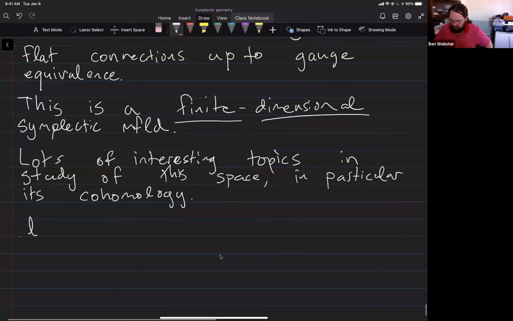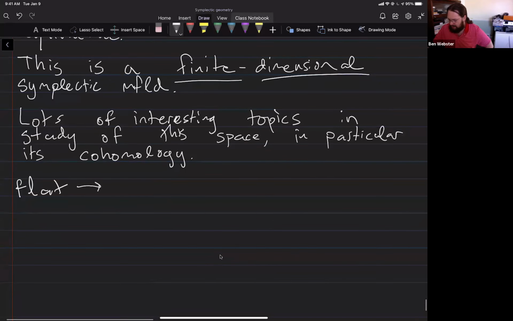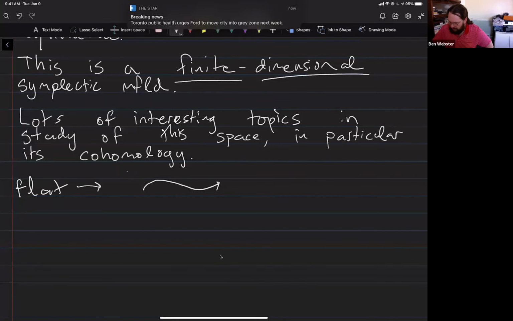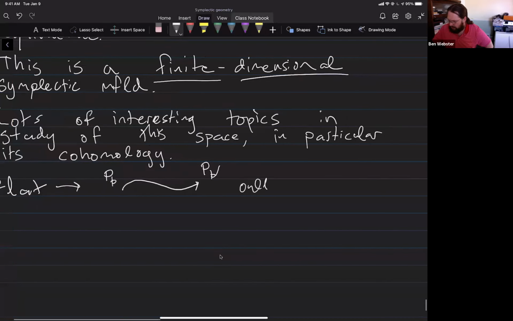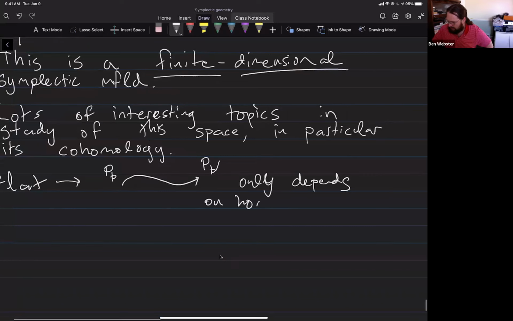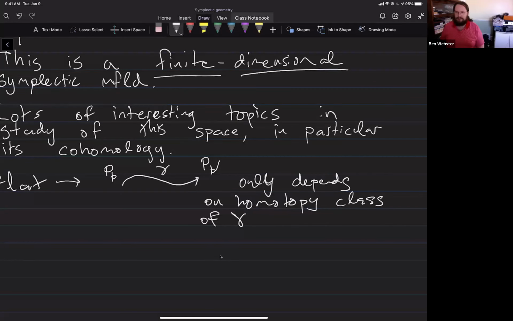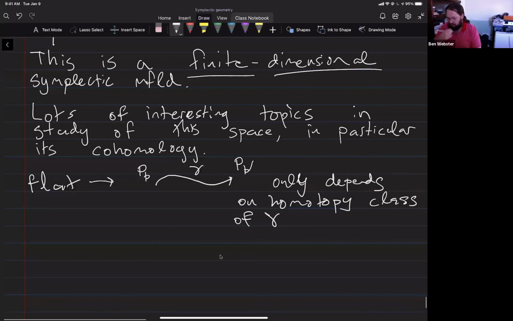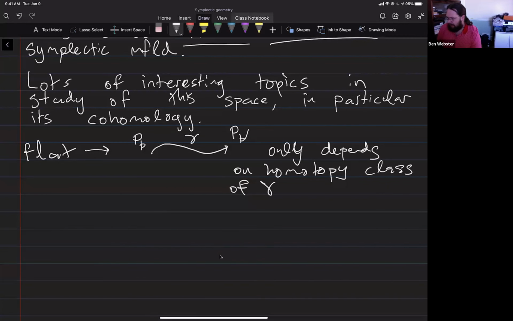So flat exactly implies that the lifted map from the fiber over one point to the fiber over another point only depends on the homotopy class of the path. When I do a little deformation of my path, I'm not going to change what the lift is, because that would involve integrating the curvature over the surface I'm sweeping in.